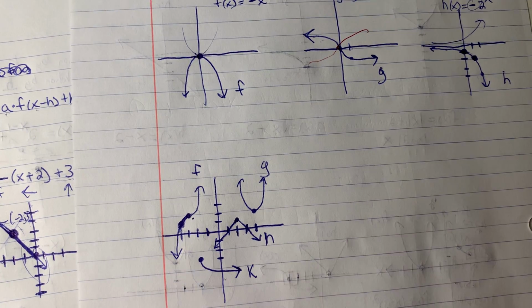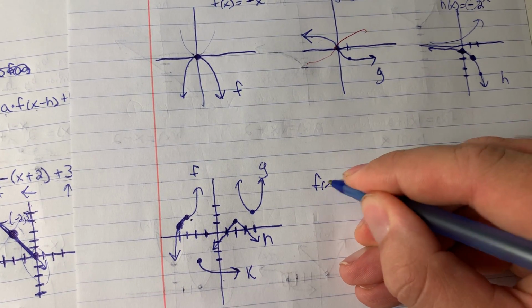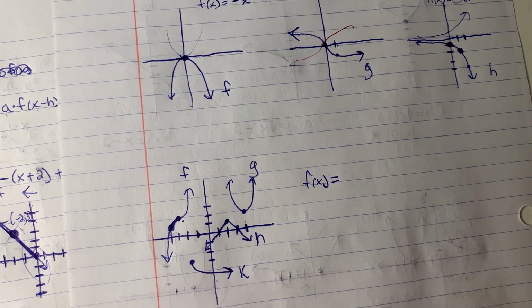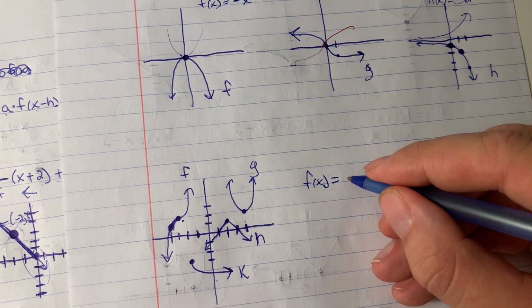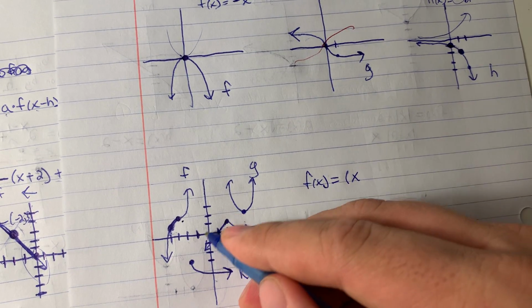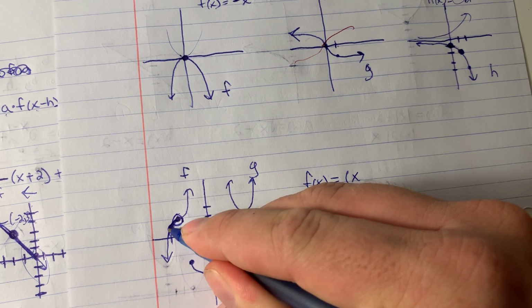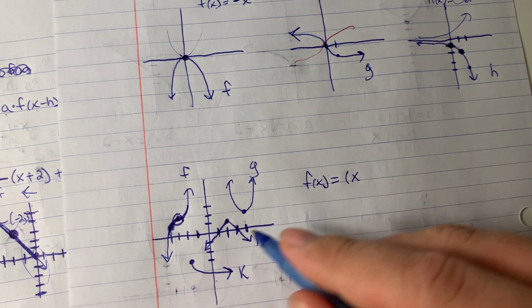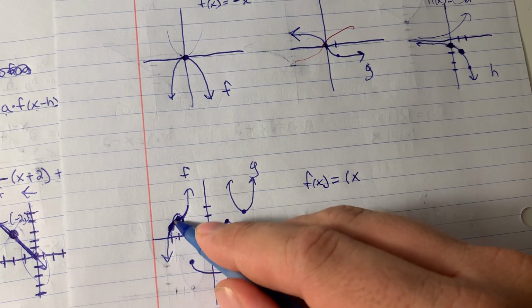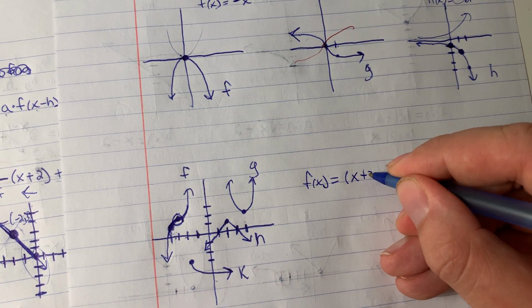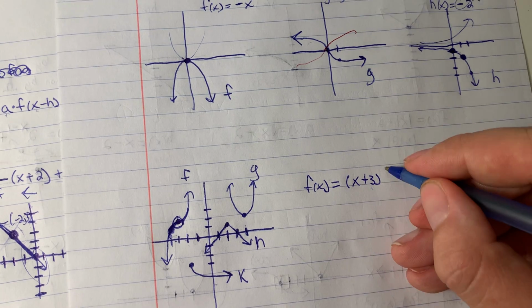We have f. Go ahead and write the equation for f of x. We should recognize this is a cubic, and the question is, which one is the key point? Well, you have to find the inflection point. That's where it switches from being concave down to concave up. It got shifted 1, 2, 3 to the left and 2 up. So 3 to the left is plus 3, backwards from what you might think.